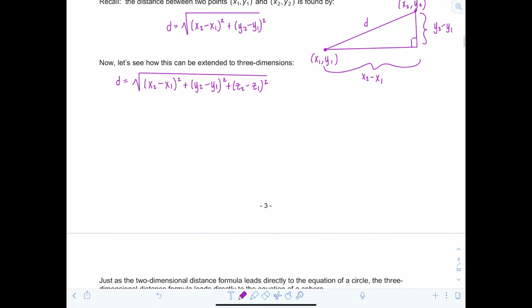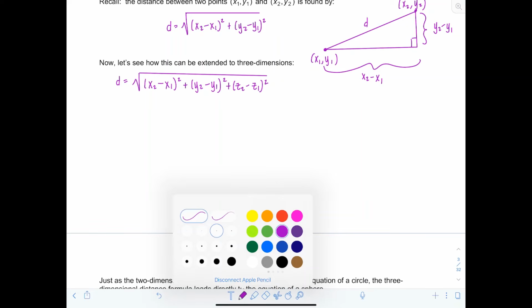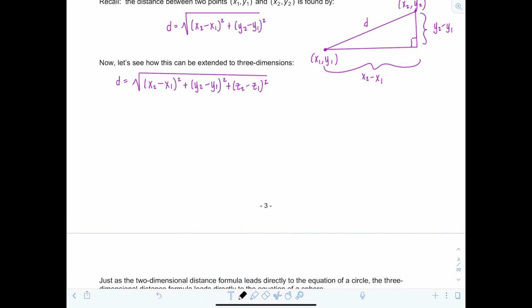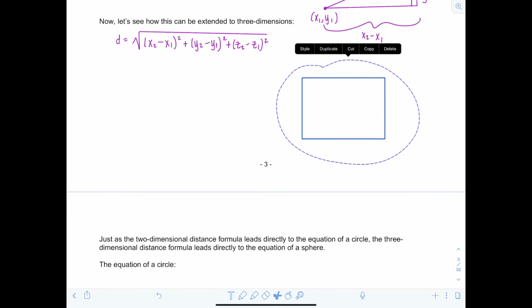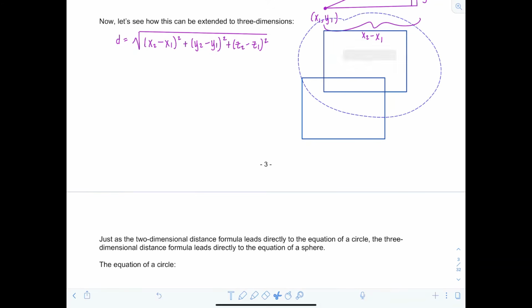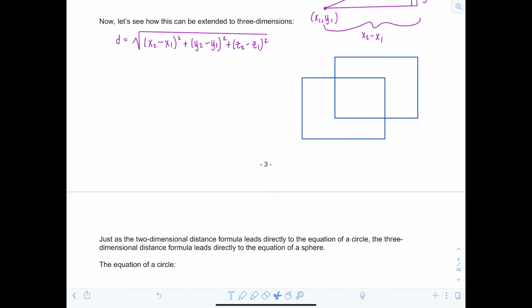So what we're going to do is look at a similar situation, but this time we're working with points in 3 space. So to start off, we're going to make a rectangular solid instead of a triangle, okay? I'm going to label one of the vertices x1, y1, z1, and the other one x2, y2, z2, okay?